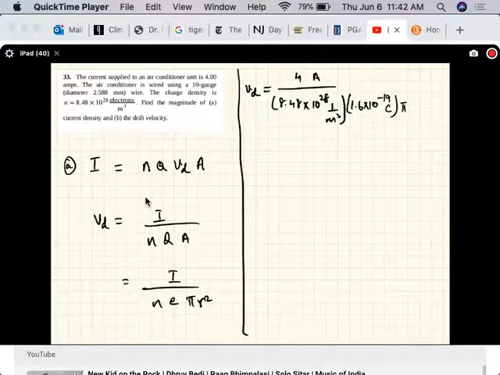The diameter is 1.284 millimeters, into 10 to the minus 3.